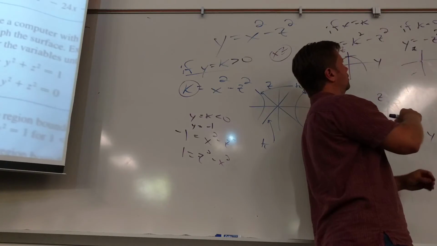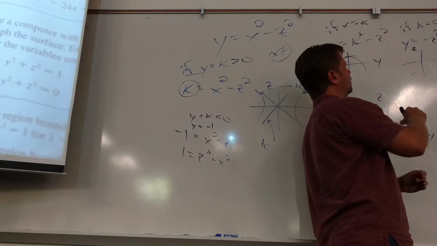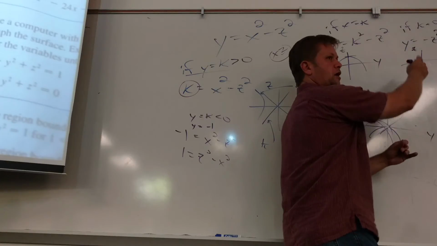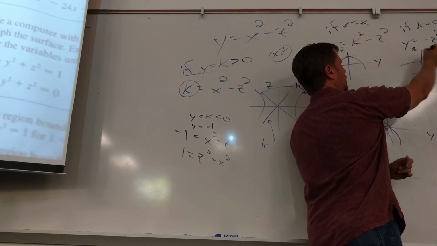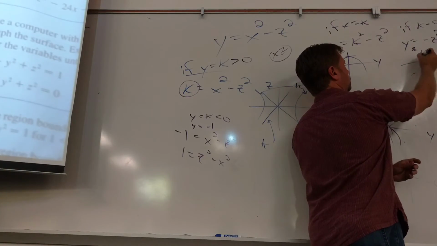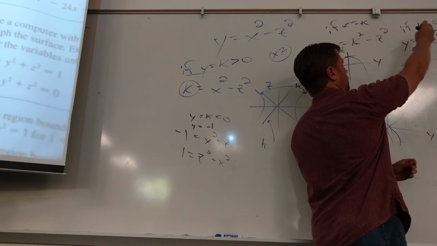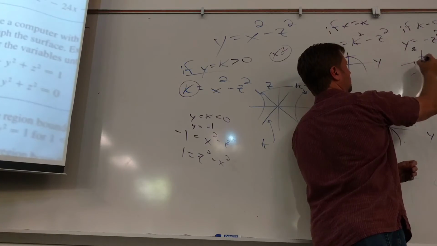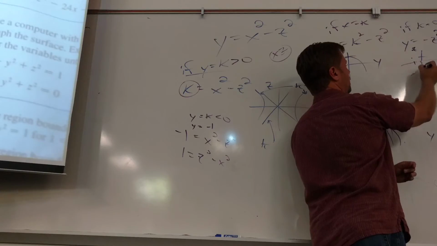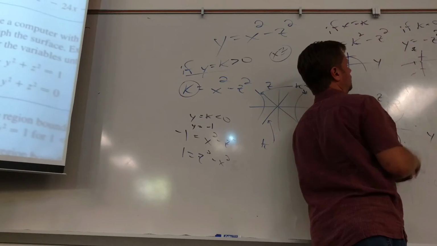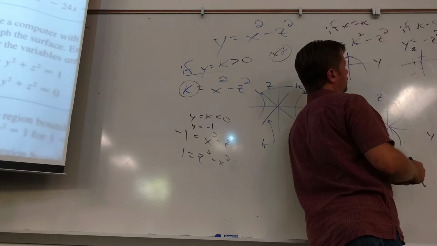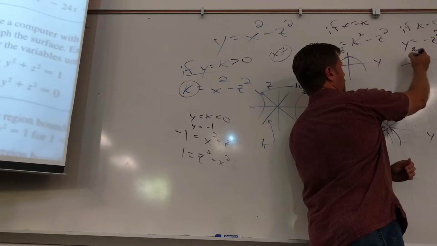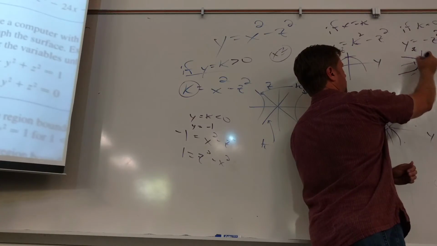So it opens down in the Y direction. For example, if z was 1, then y would be -1. If z was -1, then y would be -1. Yeah.